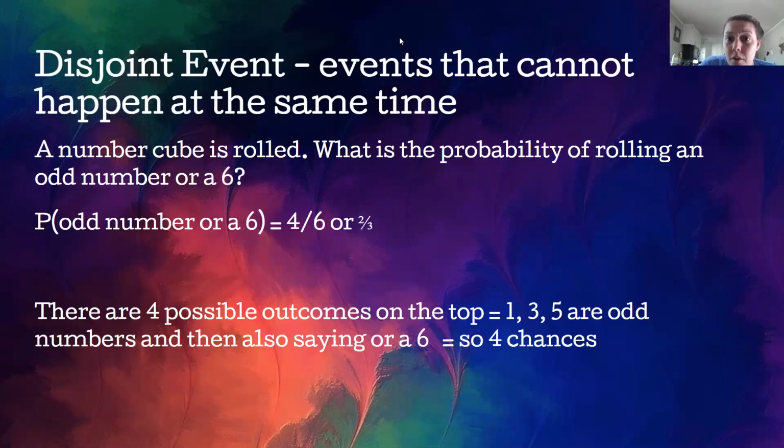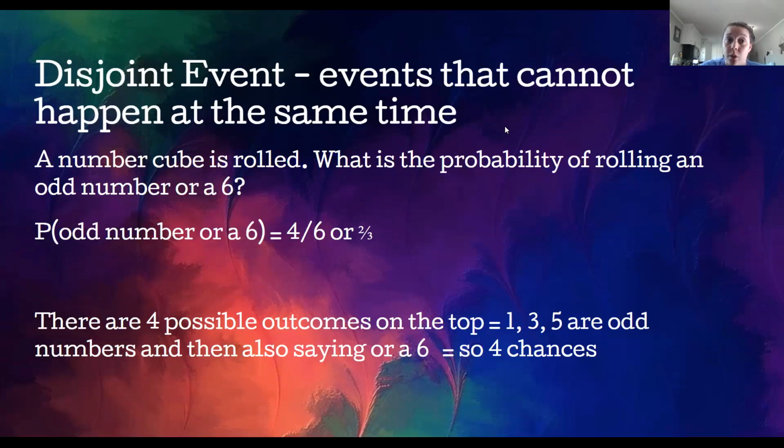Okay. And then this is our last question, and this is kind of the last key vocabulary word. This is kind of what you guys have been doing, you just didn't know the name for it. So this is what is called a disjoint event. So they're events that cannot happen at the same time.